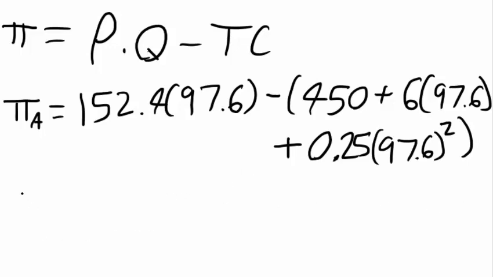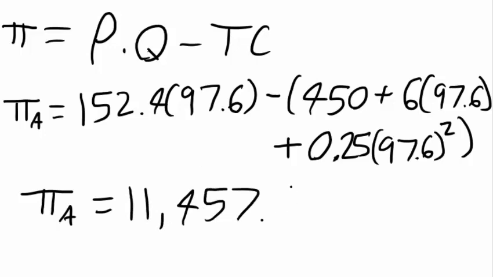And if we were to plug that entire profit function into our calculator, we would get a profit of 11,457.2. And this is the profit that firm A will achieve through collusion.